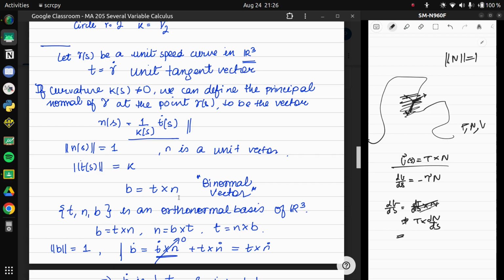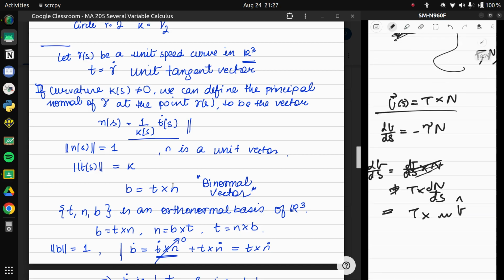So t and b span another plane which is perpendicular to the plane of motion, and n is perpendicular to that instead. So if dn by ds is perpendicular to n, it must lie in that plane, and then you are taking a cross product of that with t. So any component along t, we are disregarding in any case. So you're doing something like t cross something, and you just got b hat, right?